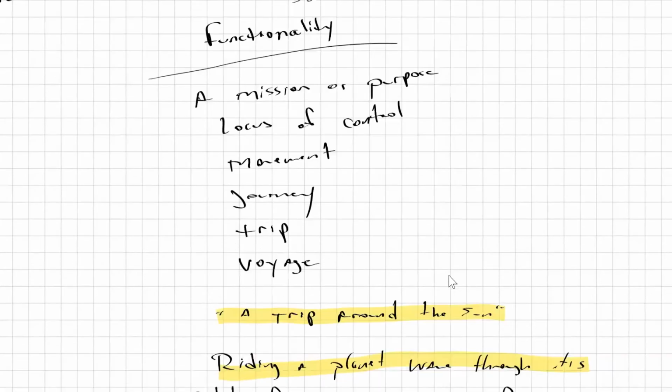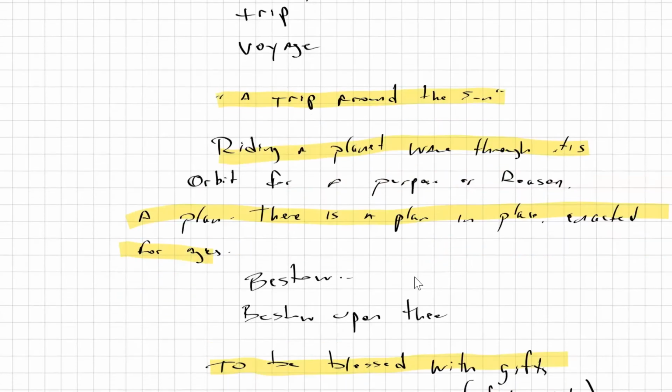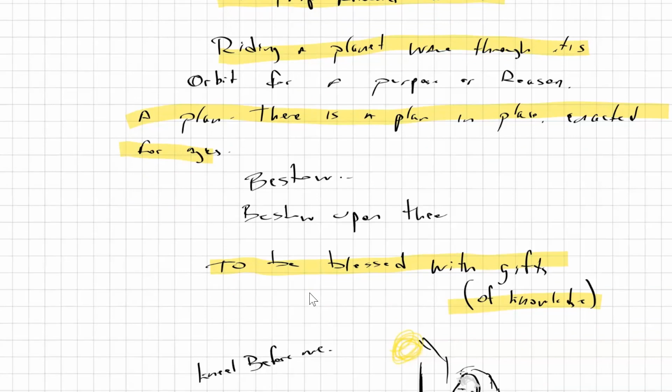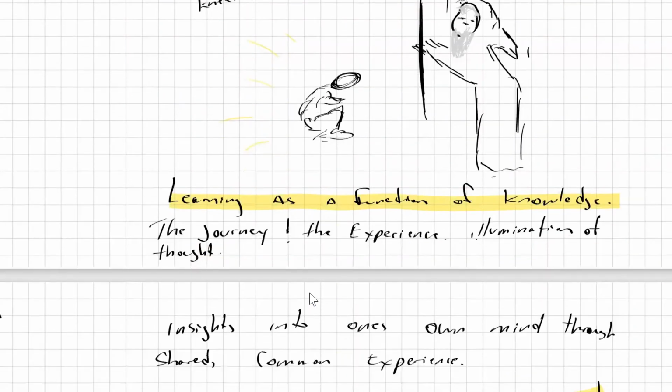Looking at functionality. A trip around the sun, riding a planet wave through its orbit for a purpose or reason. A plan. There is a plan enacted for ages. To be blessed with gifts of knowledge. I had this image of just an old wise man.